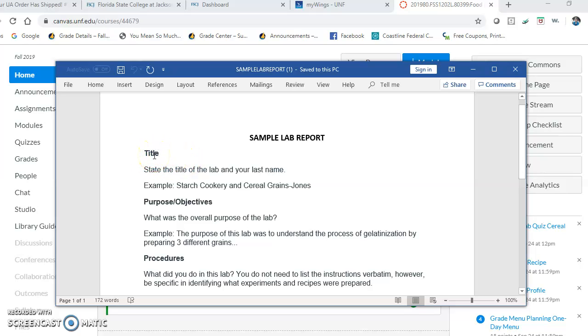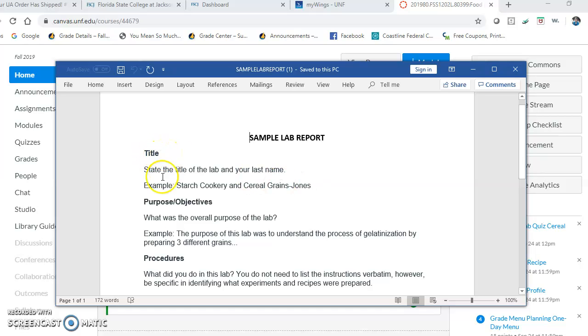So you put the name or the title of the lab and your last name. For example, starch cookery and cereal grains, or the fish and poultry, as well as your last name. Please be sure that you put your last name beside the title of your lab.